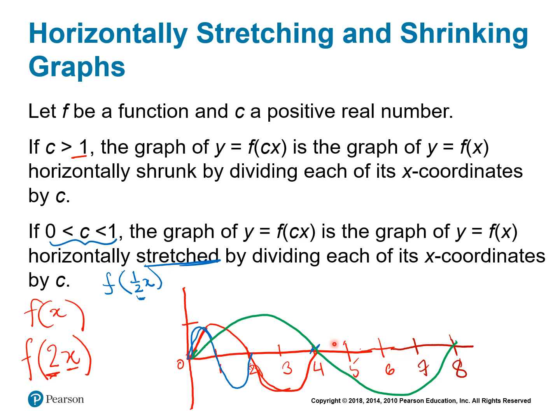So if the quantity you're multiplying x with is a value between 0 and 1, then it's stretching. You see this green graph is spanning a wider portion of the x-axis, whereas if it is a value greater than 1, then it spans over a smaller section of the x-axis. So that's what horizontal stretching and shrinking means.